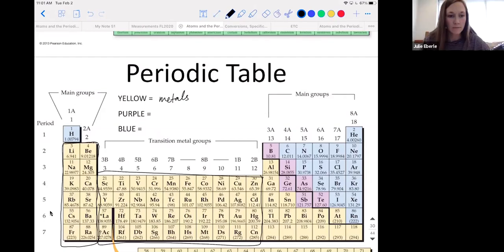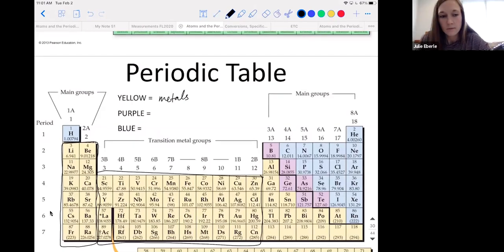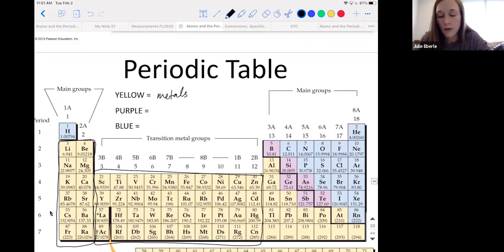I'm looking at the chat. Purple is, yes, Summer, metalloids. Okay, what is a metalloid? These are elements that have a lot of shared physical properties with metals. So they look like a metal, they might be brittle, they can conduct electricity, but their chemical behavior more so matches that of a non-metal.